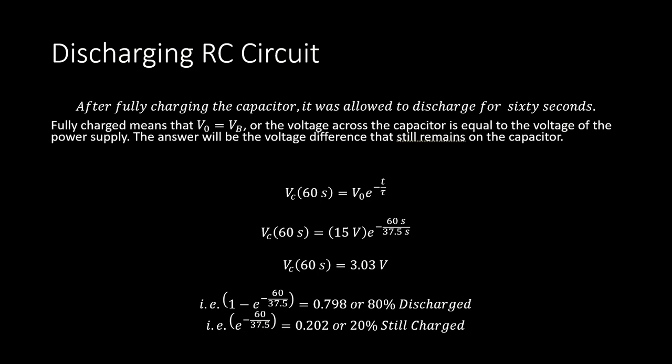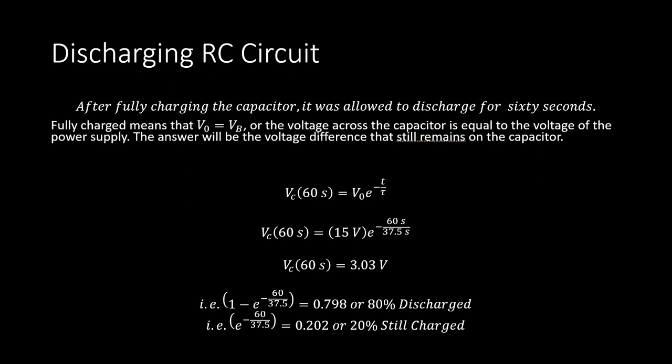So Vc of 60 seconds of discharging equals Vo raised to e to the negative t over tau. Because we allowed the capacitor to initially charge all the way to the battery supply, Vo is just Vb, or 15 volts, and then we'll times that by e raised to negative 60 seconds over 37.5. And this essentially gets us to 3.03 volts.